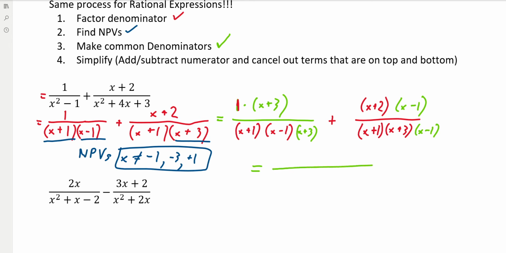So we're going to write this out all as one thing, so it's nice and clear with common denominators. On the left side, on top we have x plus 3, and on the right side, we can multiply that out, so we'll have x squared plus x minus 2.